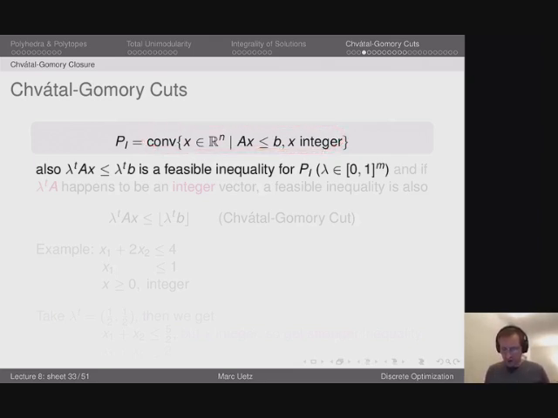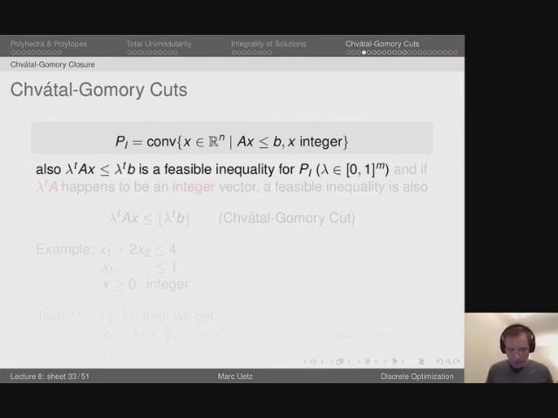So what do I do? Well, remember, this is just a set of linear inequalities which are valid for any feasible point. So I can also take a linear combination of these valid inequalities, and that will also be valid, right? And that is what I do by multiplying the whole thing by this vector lambda, which just denotes the corresponding fractions of all the m inequalities that I actually take.